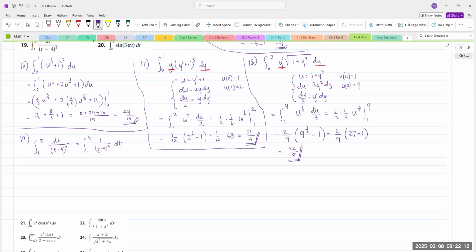In fact, it jumps to infinity at 4. 1 over (t minus 4) squared, as t goes to 4, the limit is equal to infinity. So 1 over (t minus 4) squared is not continuous.